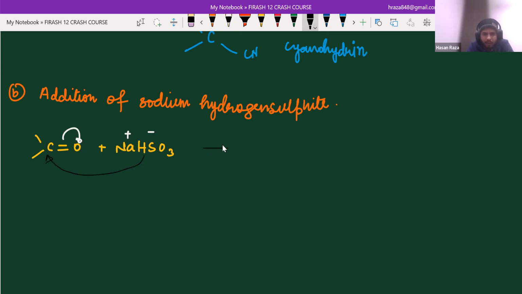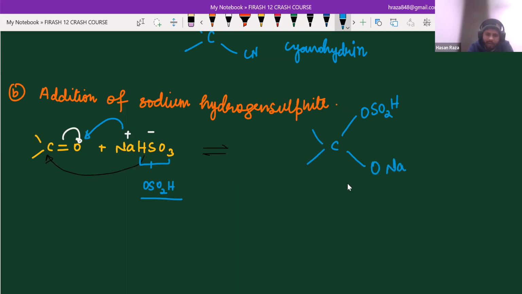So what will be the formation? You can see C, and with HSO3, can I write this part as OSO2H? Both are the same, SO3H or OSO2H. So I'm going to write it here, OSO2H. And here Na plus will go with the negative one, so it will become ONa and the rest is as it is.